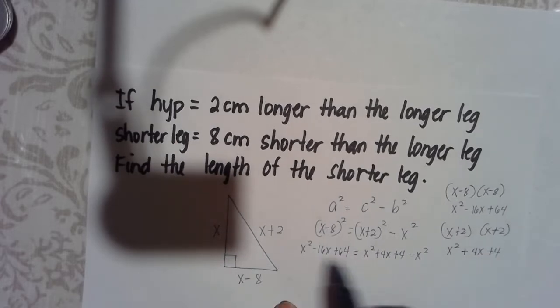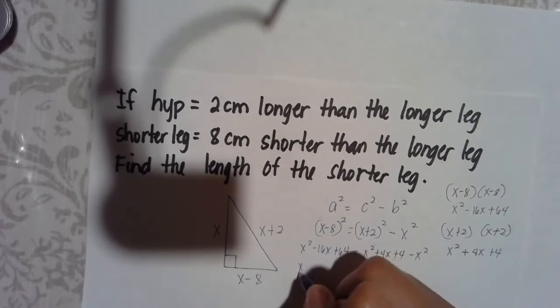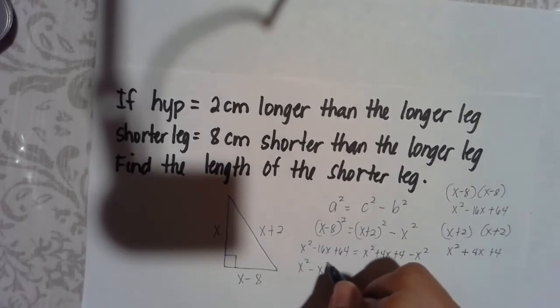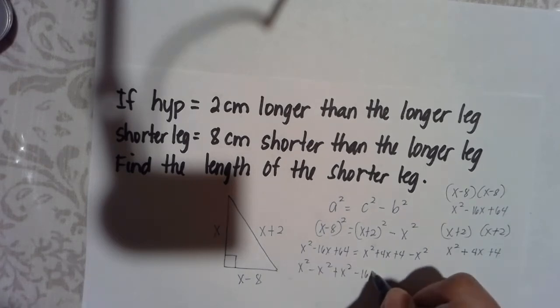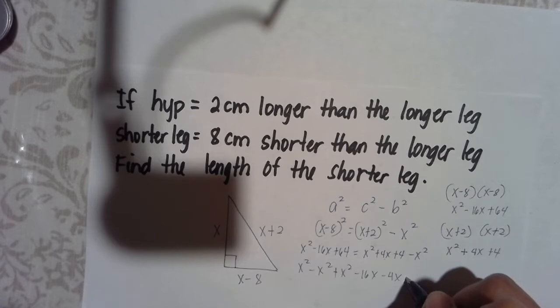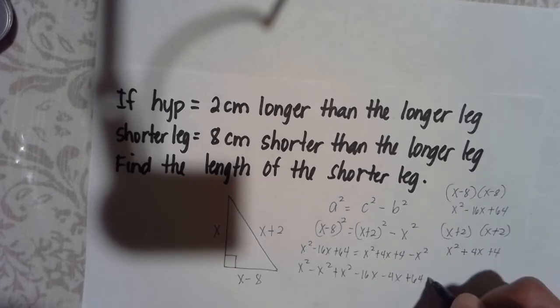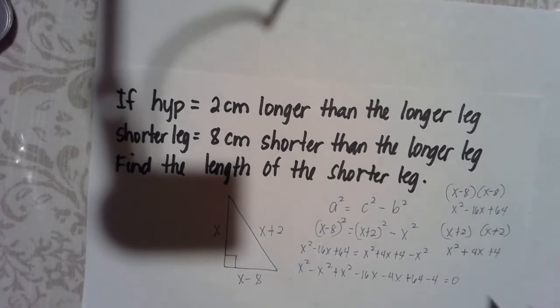Now I'll put all the terms on one side: x squared minus x squared plus x squared minus 16x minus 4x plus 64 minus 4 equals 0.